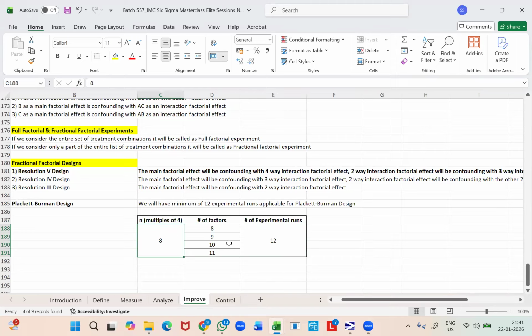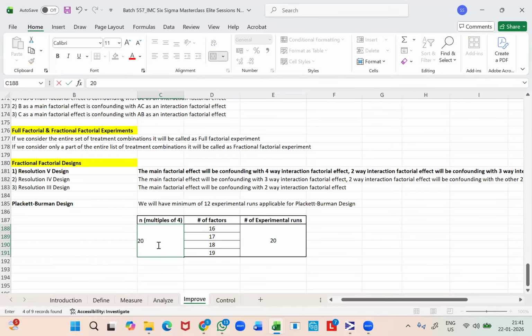Suppose we have, say, 12 as n value, then for number of factors 12, 13, 14, 15, we will have 16 experimental runs. Suppose we have 16 as the n value, then for 16, 17, 18, and 19 as number of factors, we will have 20 experimental runs.